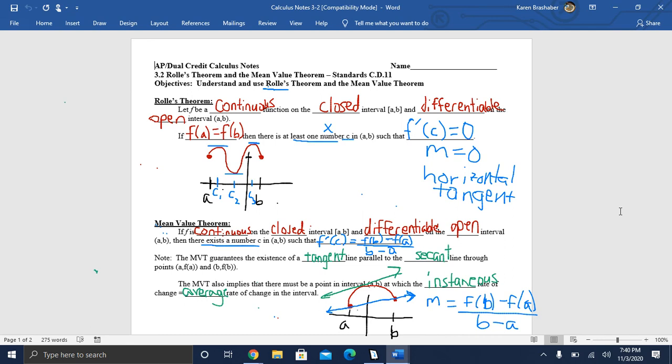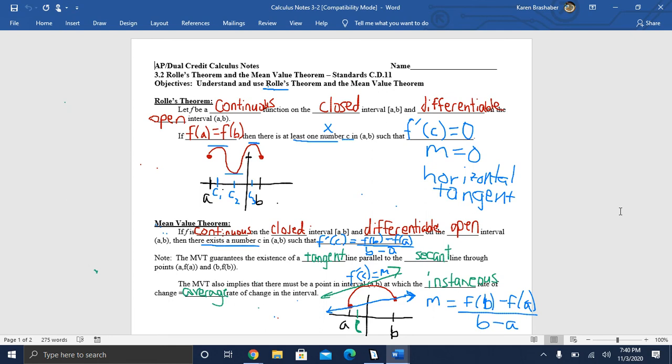And so I have a C value, an X, located in between A and B, where the derivative, f prime of C, which would be the slope of the tangent line, would equal my slope, and the slope is the same as the one given by f of b minus f of a over b minus a.